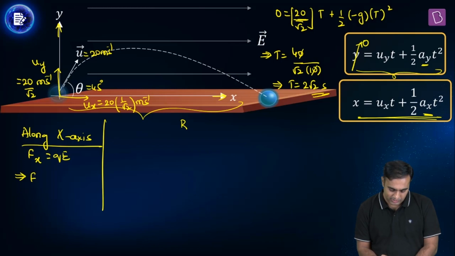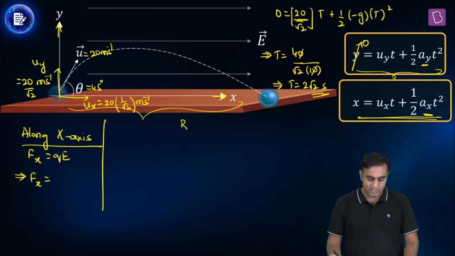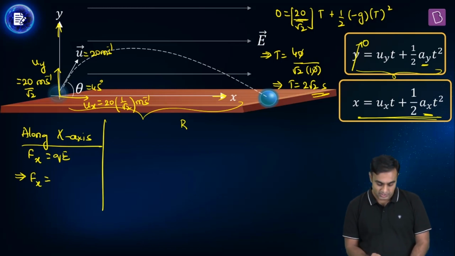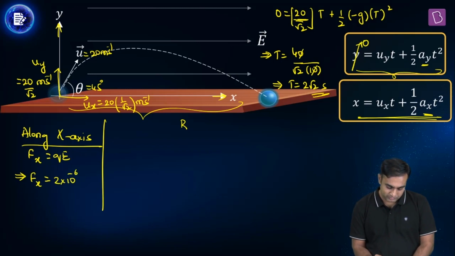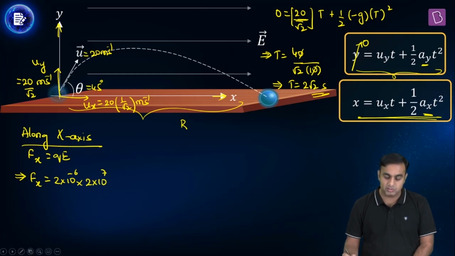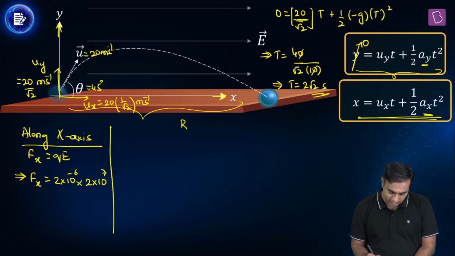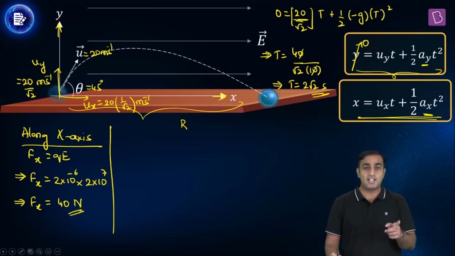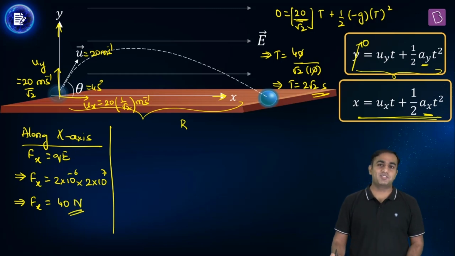And in magnitude, F_x turns out to be Q into E. How much is Q? 2 microcoulomb. How much is E? 2 into 10 to the power 7 volt per meter. If you simplify this, you get 40 Newton. So that's the force acting along x-axis.